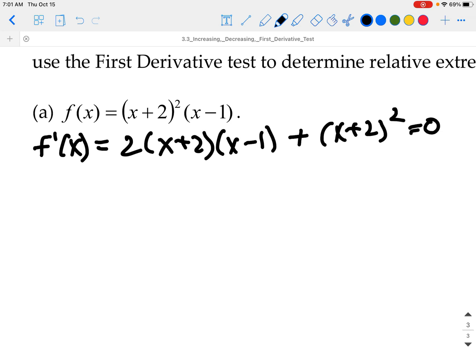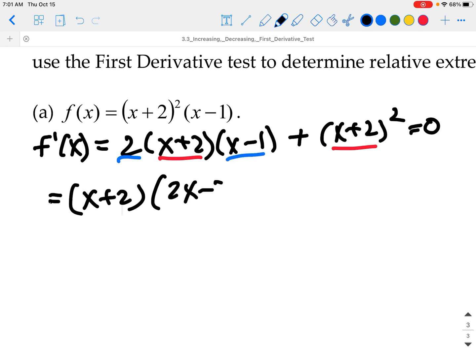So again, we're going to set that equal to 0, and then we'll do a bit of factoring. So we have an x plus 2 that we can factor out to begin with. So we'll factor out x plus 2, and we'll be left with 2 times x minus 1. So that's going to be 2x minus 2. And then that leftover x plus 2 plus x plus 2 equals 0.